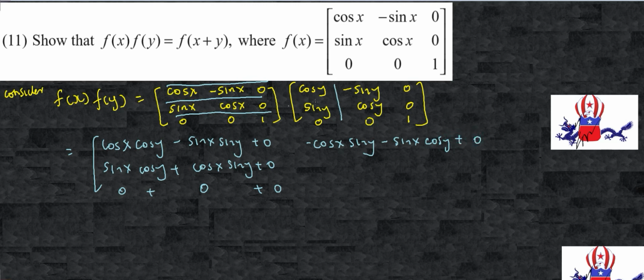The row with the column, sine x multiplied with sine y, you got a negative sign there, followed by cos x multiplied with cos y, followed by a 0. And then you got 0 added with 0 added with 0.